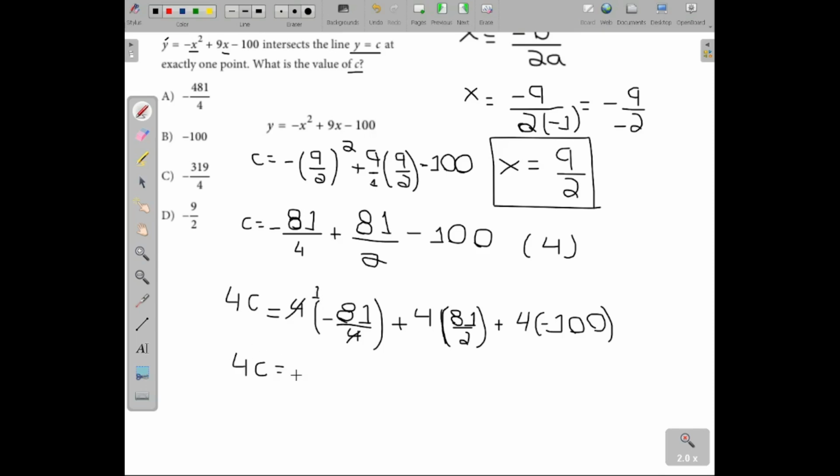And we have this equation. 4c is equal to 1 times negative 81 plus, here we can simplify 2 times 81, which is 162.